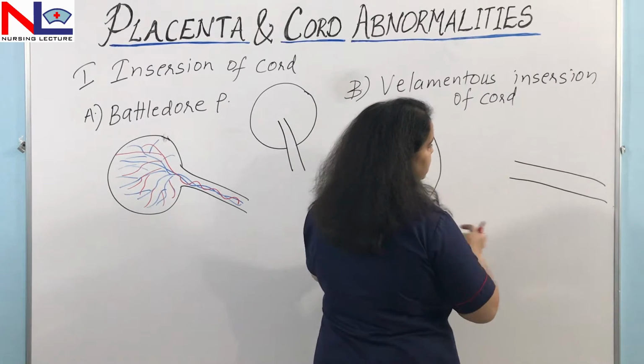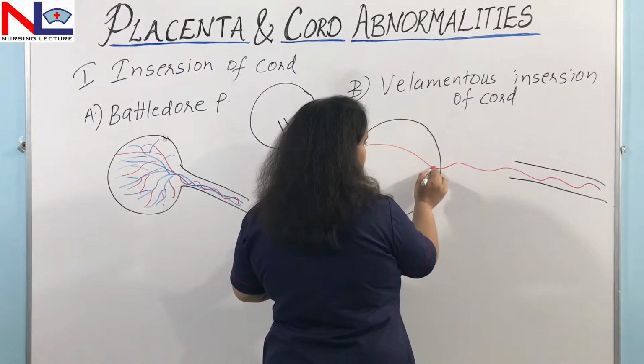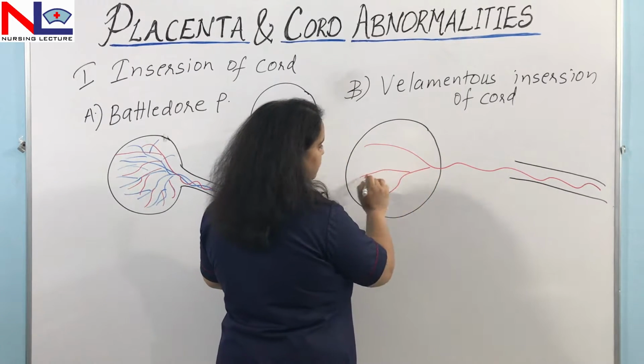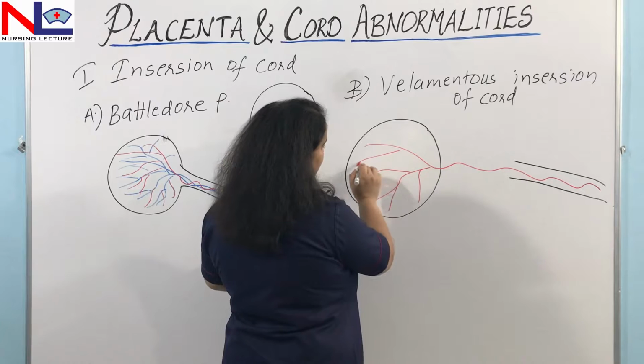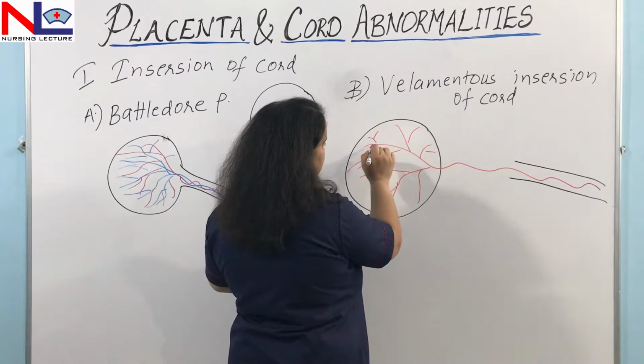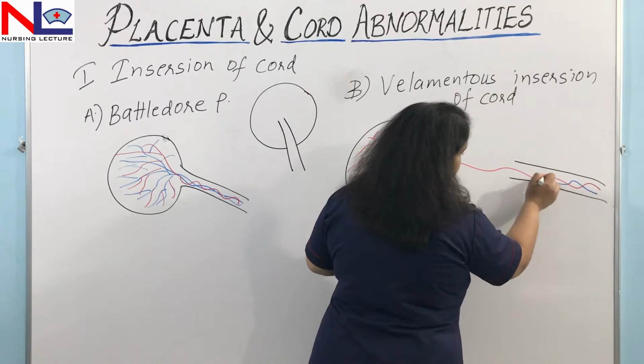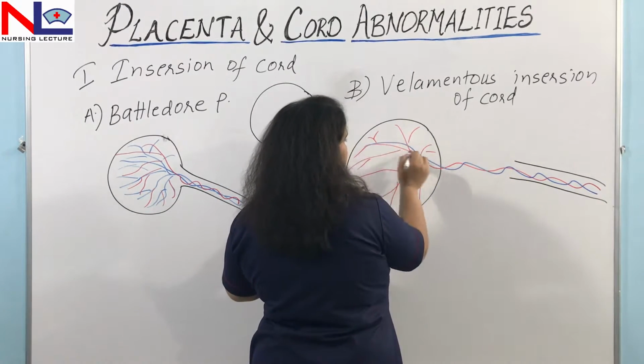So the cord is at a distance and the vessels are radiating from this cord, go up to this chorionic plate and radiate themselves here. Like this.